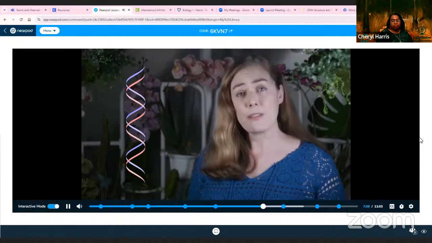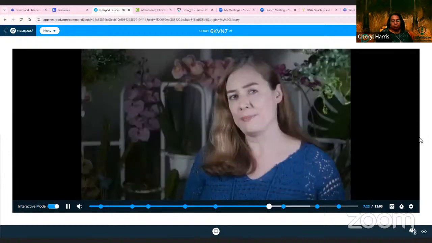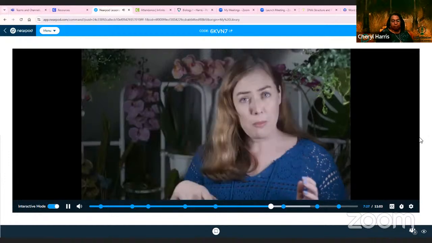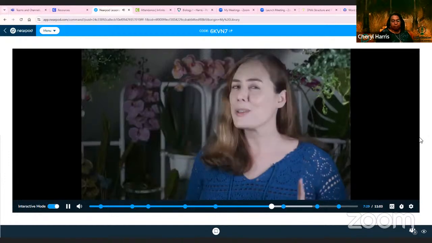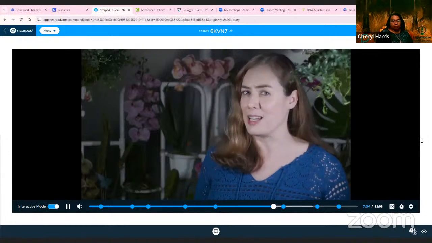On one end of a DNA strand, there's a phosphate group attached to the 5' carbon, and the other end of that strand has an OH group on the 3' carbon. We say this side runs in the 5' to 3' direction because of the labeling of the atoms. The other side of the ladder runs in the 3' to 5' direction. This is going to be important to remember later when we study how information is stored in DNA.